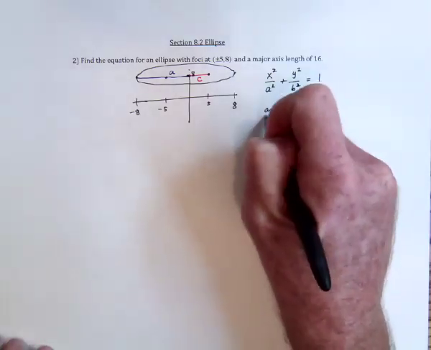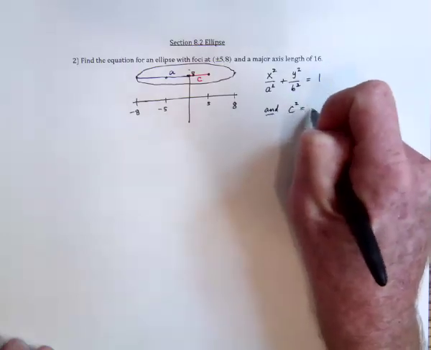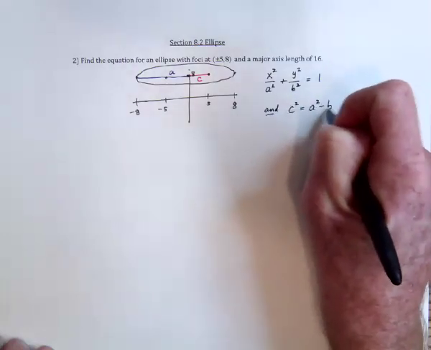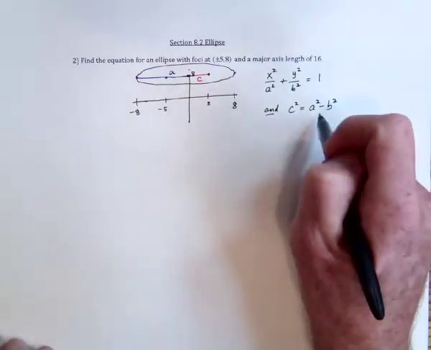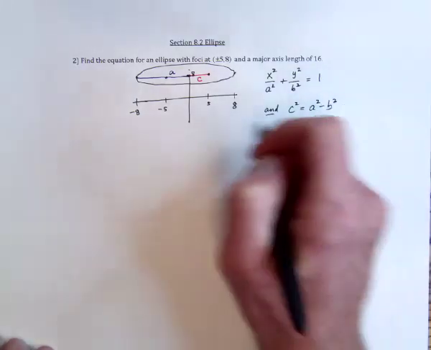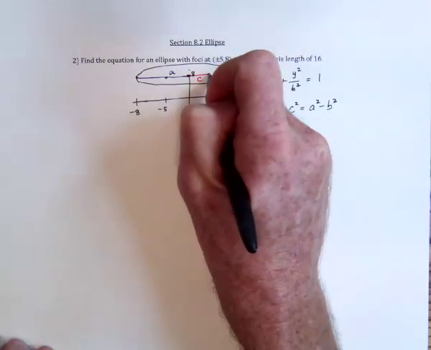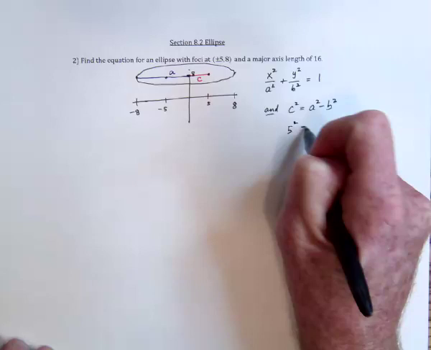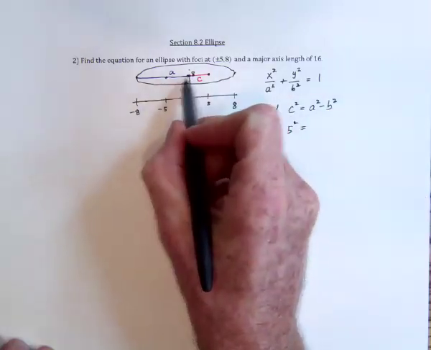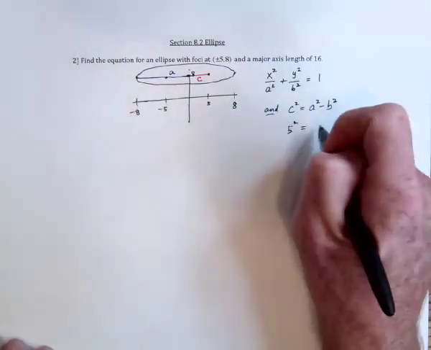Well, that uses the formula that C squared is equal to A squared minus B squared. And we've got the A and the C, so we can use this to find the B. So the C is this distance, which is a length of 5. The A is from the middle out to the end, which is a length of 8.